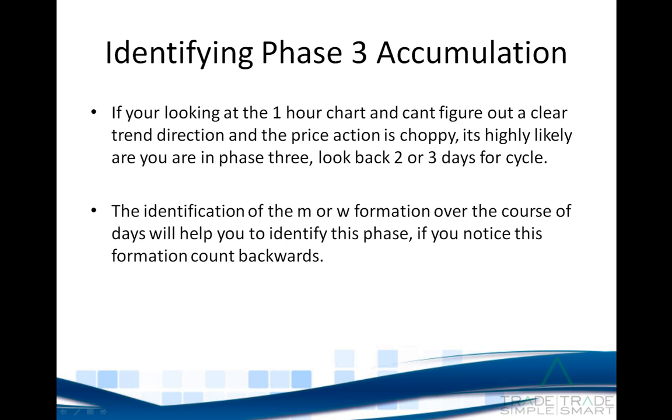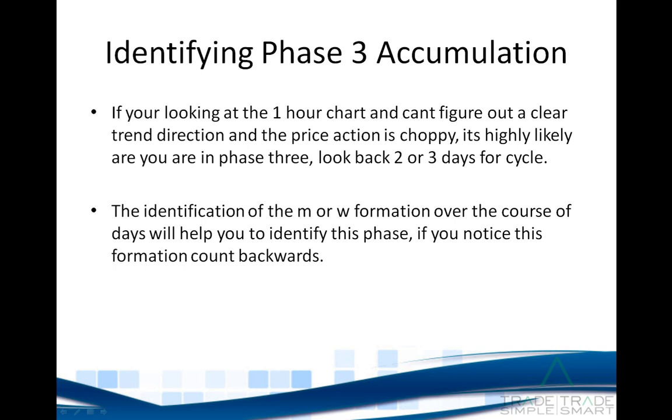The best way to clear up if you are in this phase is to look back 2 or 3 days and see if there is a clear cycle. Another thing that will help in identifying phase 3 accumulation is the identification of the M or W formation over the course of 2 to 3 days.